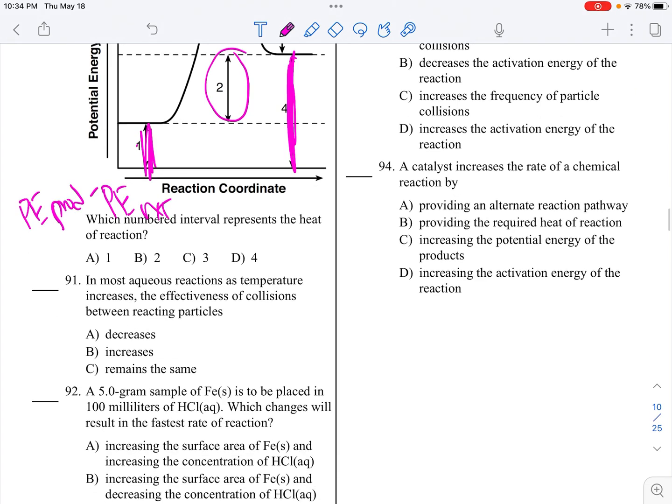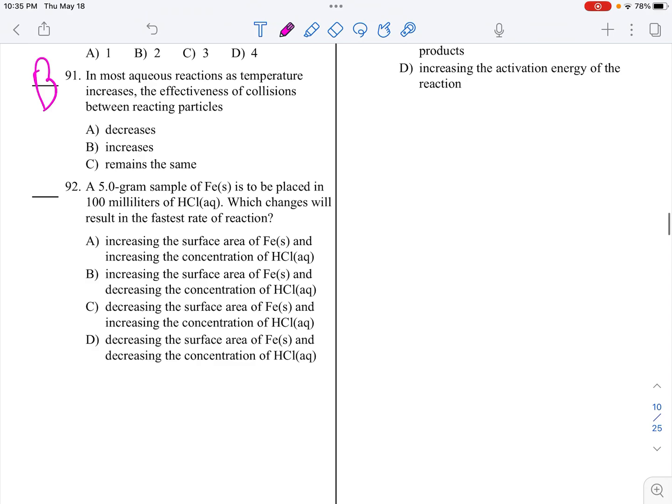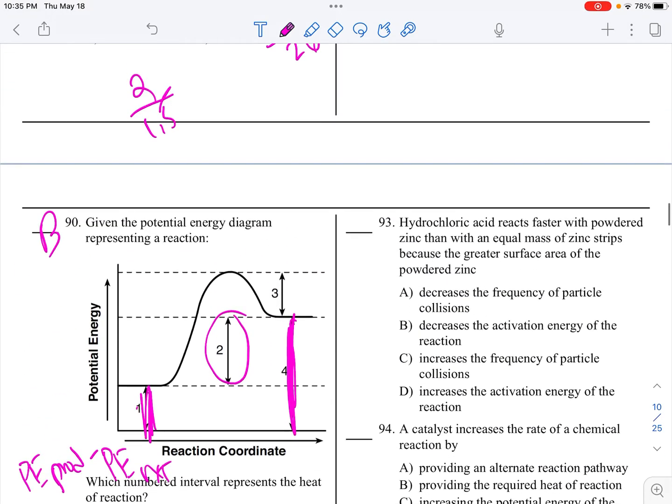In most aqueous reactions, as the temperature increases, the effect of collisions will also increase because as things are moving more, they're going to keep bouncing around more, which is going to increase the rate of reaction. Increased surface area means more contact with the solvent, and you want a higher concentration of HCl because it will be greater moles doing some work here.